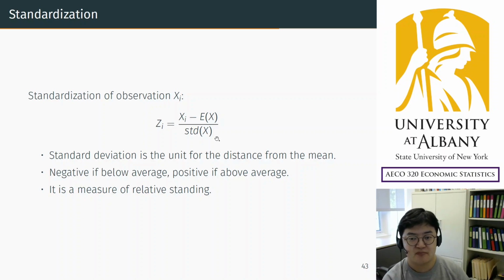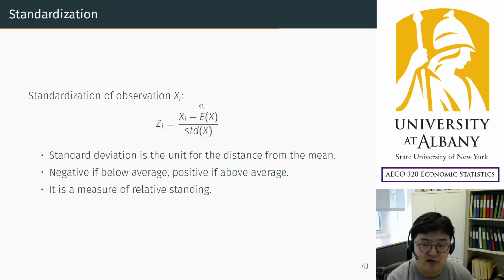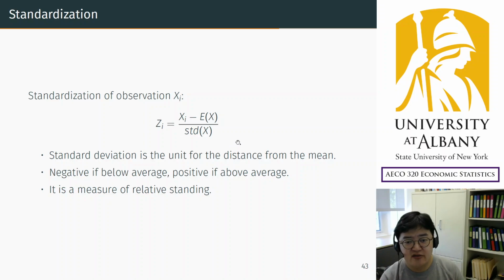data, because when you don't know the unit, like for example, test scores, and I don't know what the average is and what the usual volatility is, then you may use the information about the mean and the standard deviation. Then after standardization, you can get a better idea of the relative location of the observation.